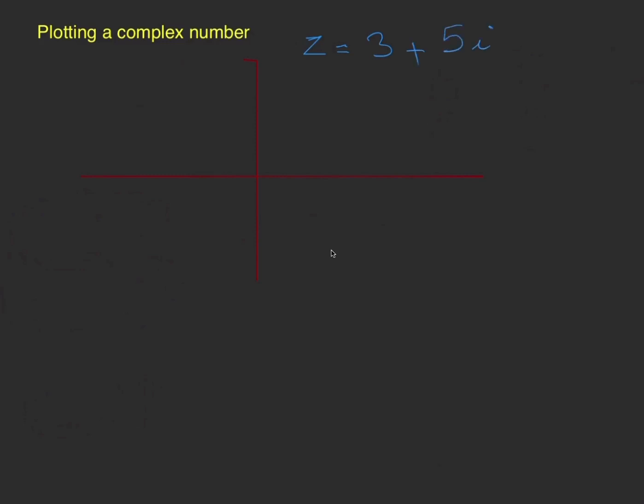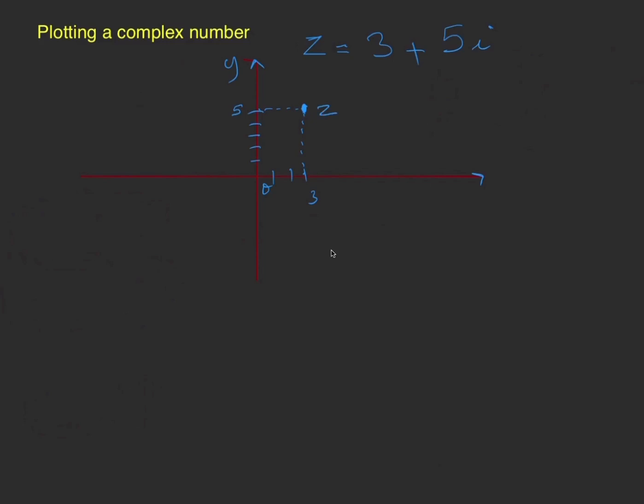The real part is going to be in x, and the imaginary part will be in y. So here it will be 1, 2, 3, and we have y is 5: 1, 2, 3, 4, and 5. So here, this is the point z.